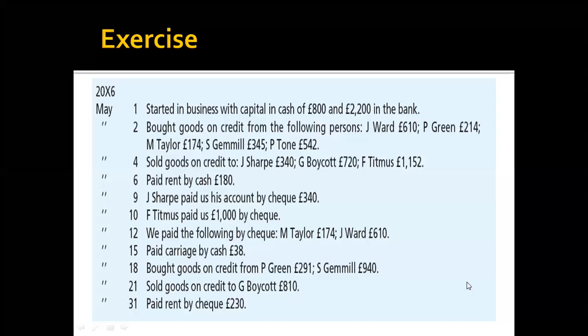So from May 18 now, sales on credit from P Green and SGML. As I said a while ago, I will be creating another journal. I'll be just placing them in the purchases. So therefore, in this case now, we're going to debit purchases and credit P Green and SGML.